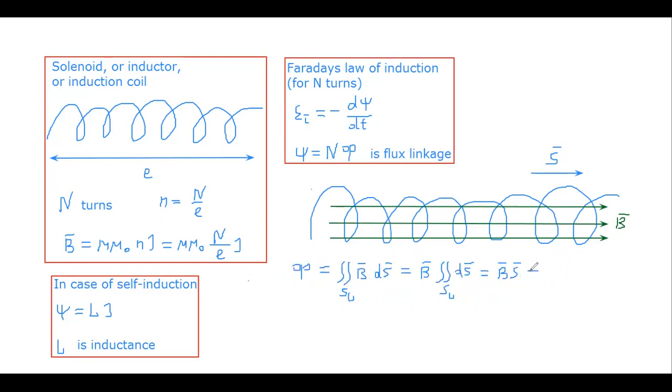And as you can see, B has the same direction as S. So this will be B S cosine 0 degrees.